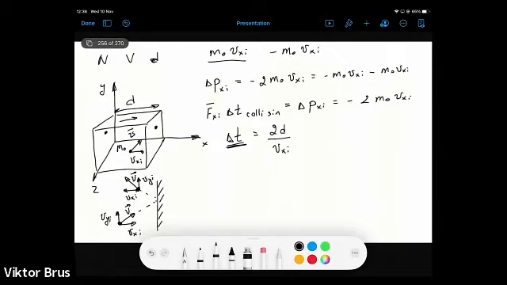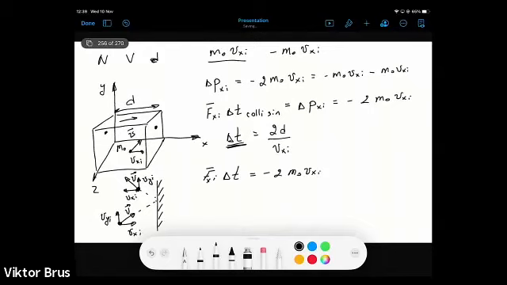Then we have some average force Fxi, which acts on this molecule, times delta t, not delta t collision, and that should result in the change of the momentum of this molecule, minus 2 times m naught Vxi.